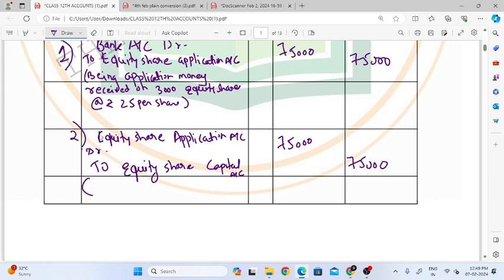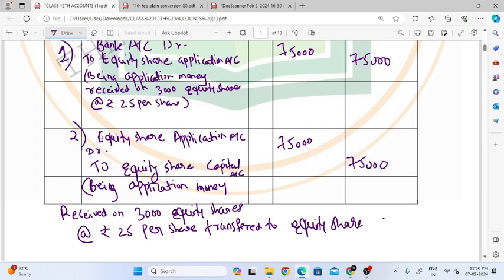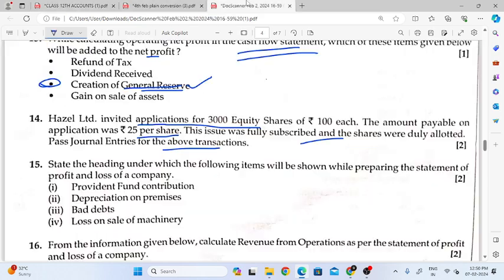And the narration you have to write down: being application money received on 3,000 equity shares at rupees 25 per share transferred to equity share capital account. Okay, then we'll move to the next question.